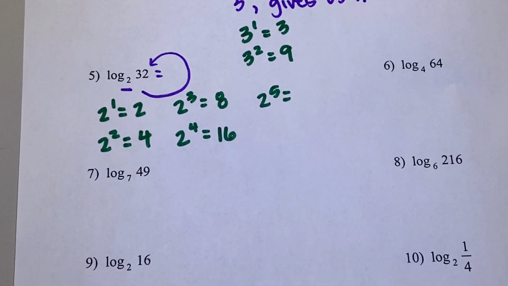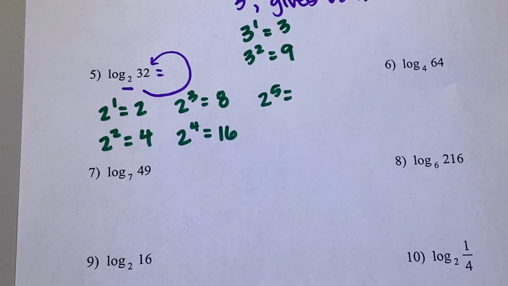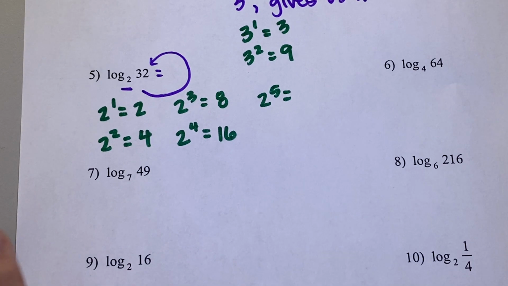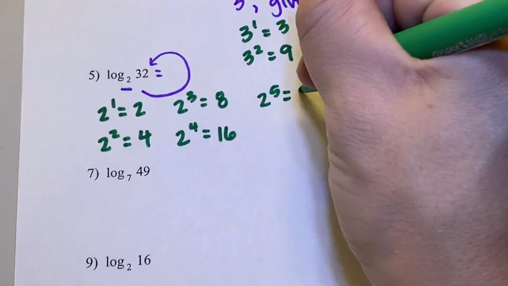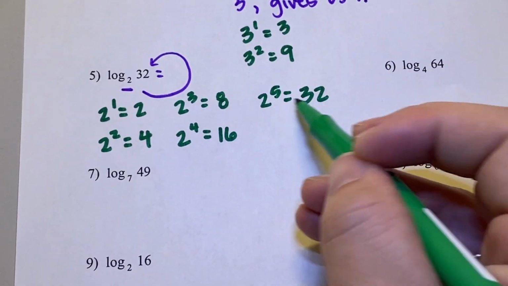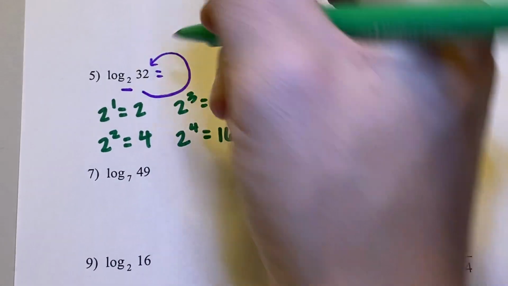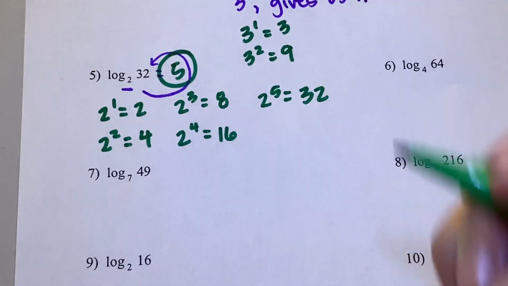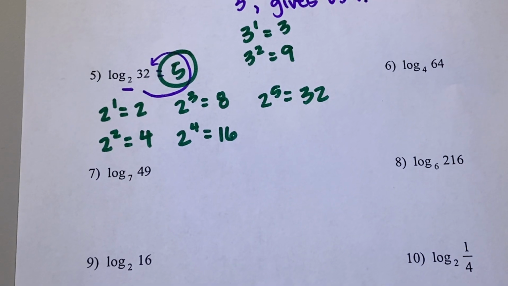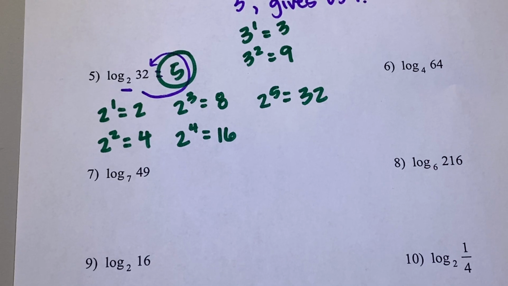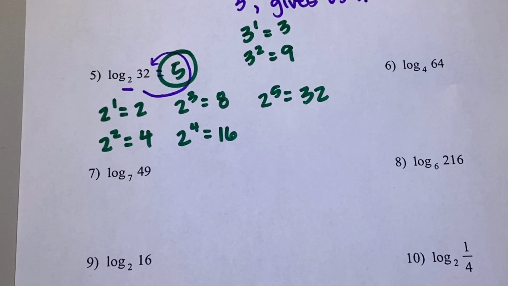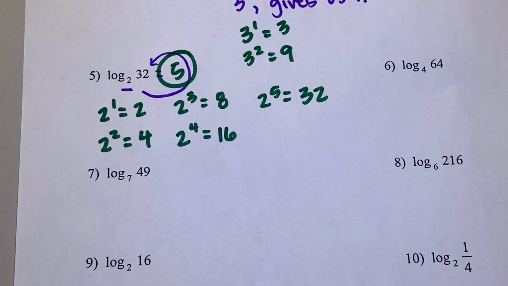Multiply by another 2. 32. Okay, so what power of 2 gave us 32? 5. So we know our answer is 5. That's what we're using on numbers 3 through 10, the guess and check method.